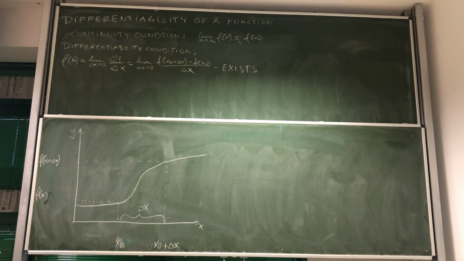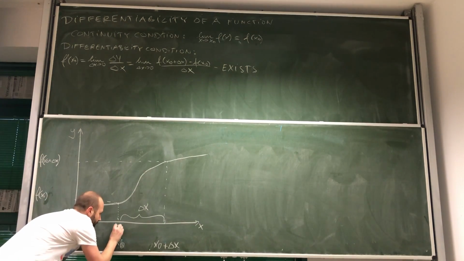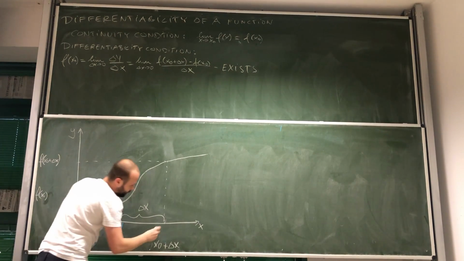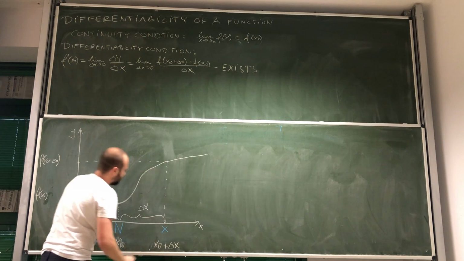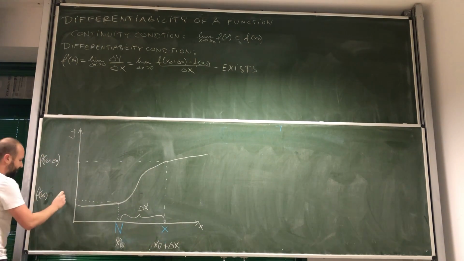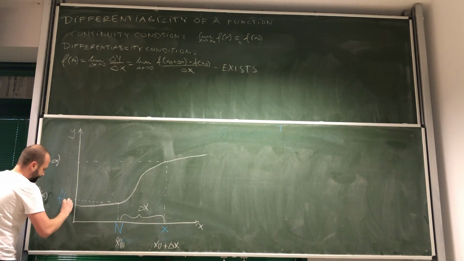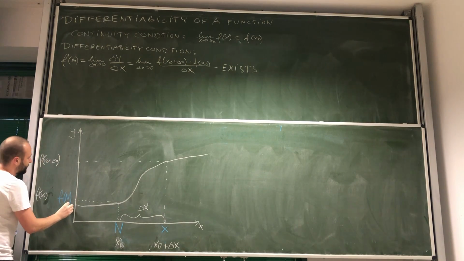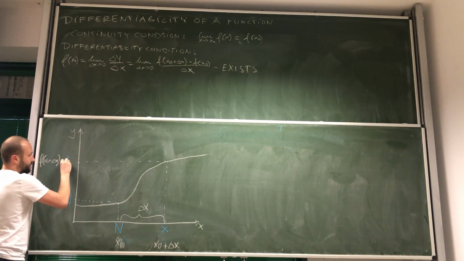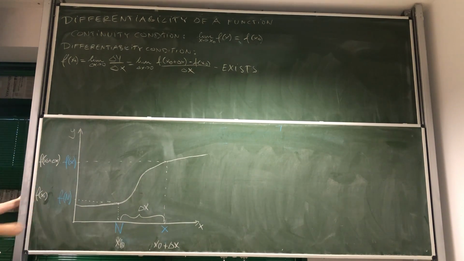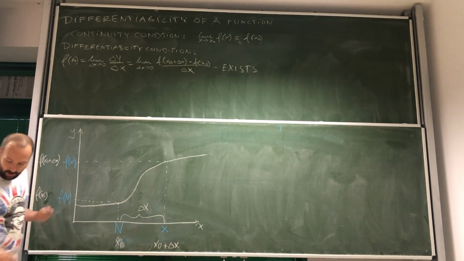So look, what I'm going to do now is that I'm going to introduce new, simpler notation. Let's just say that this point we will call n, this point we will call x. So consequently, here we have f of n, and here we've got f of x, which makes things simpler already.